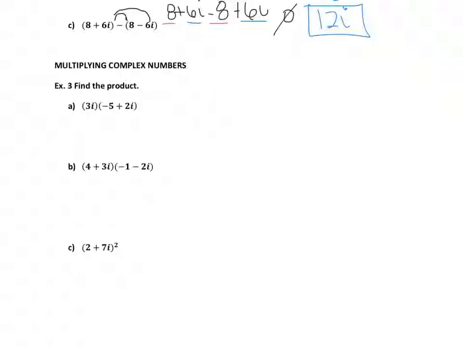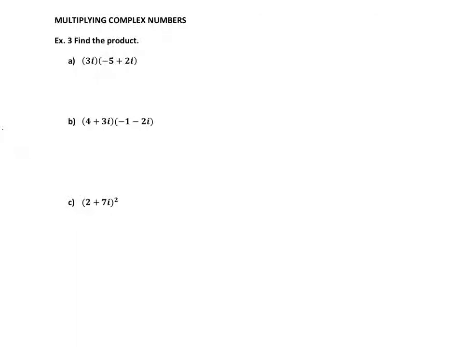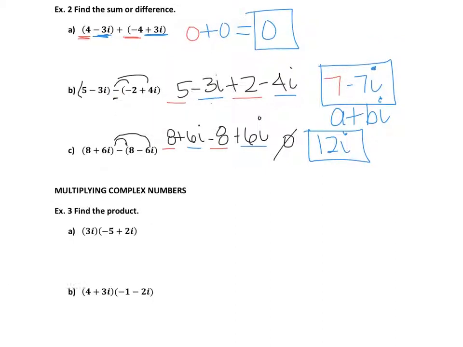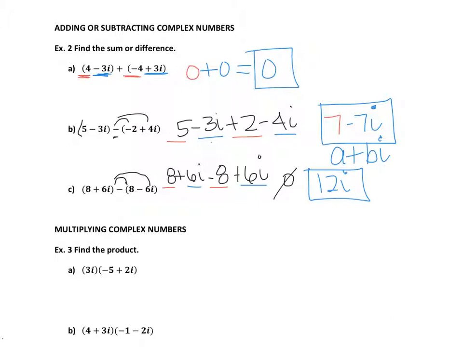Now we're going to work on finding the product. Product means multiplying. So when you see parentheses with no sign in between, some of you get mixed up between when you know to subtract or add and when you multiply. Notice right here in between my parentheses I have a minus sign, or on this one a plus sign.